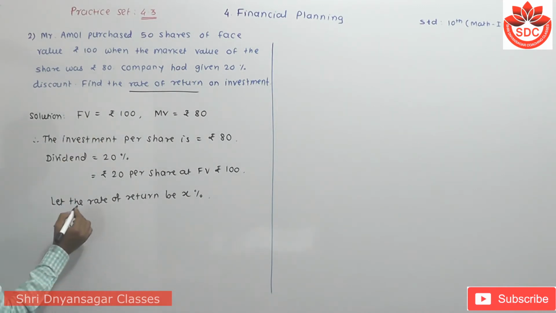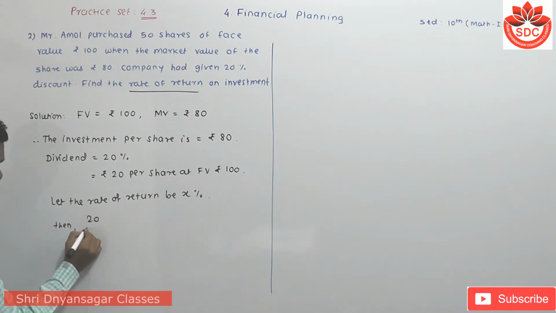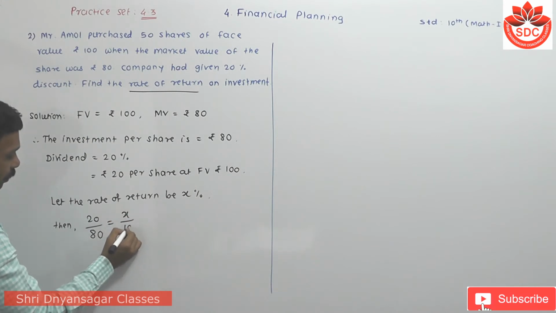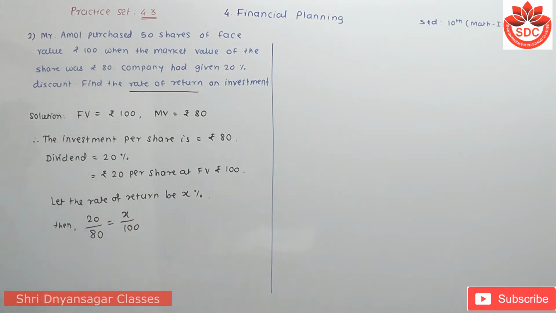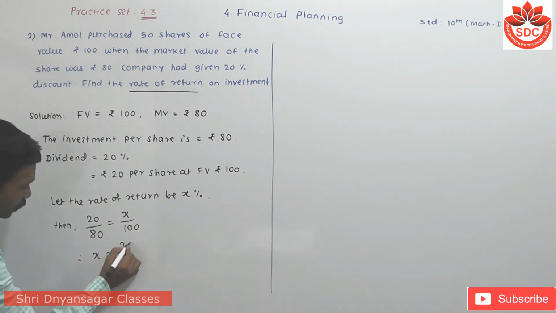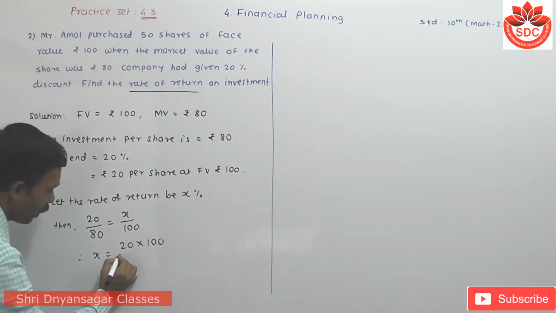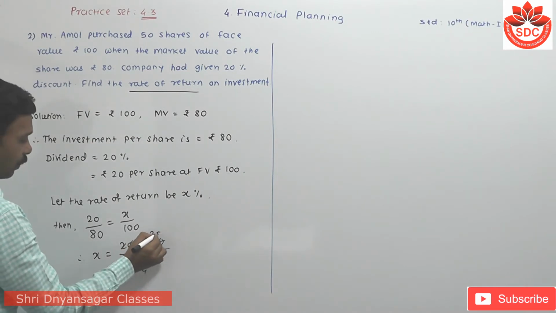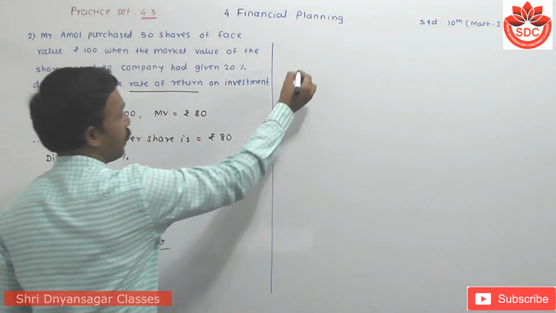So that 20 upon 80 is equal to X upon 100. Then by cross multiplication we get that X is equal to 20 into 100 upon how much? 80. This 0 gets cancelled, 4 eights are 8 and 25. Means that X is equal to 25.